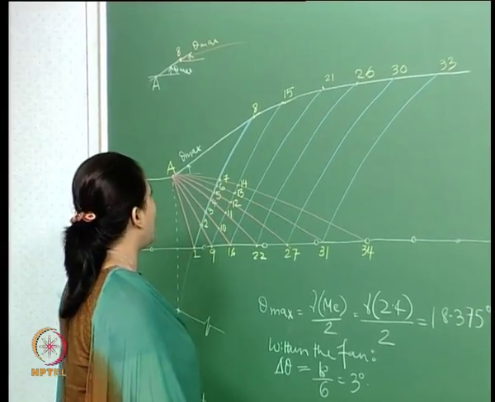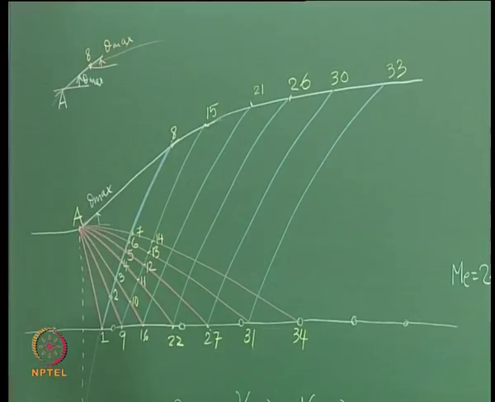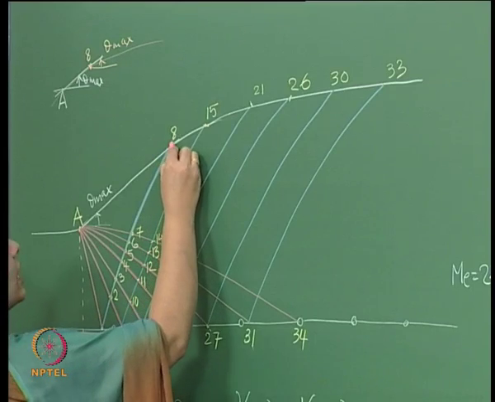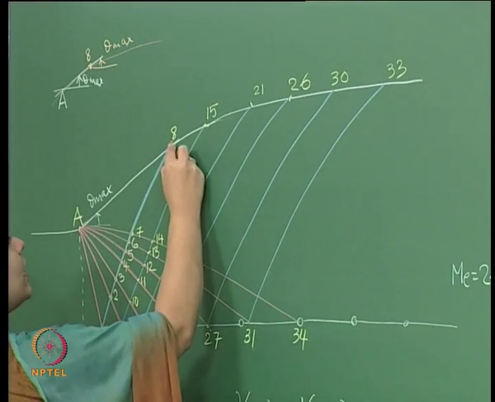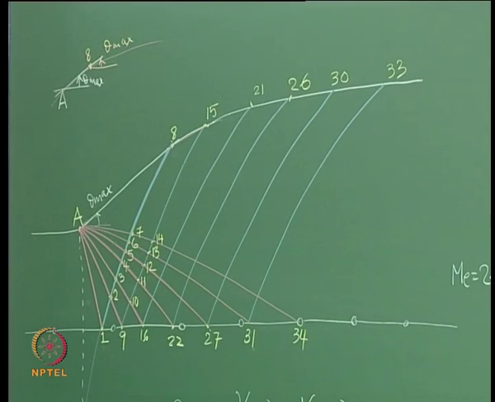How do we connect 15 and 8? We connect that by a straight line, and the average slope is going to be theta 8 plus theta 15 by 2.